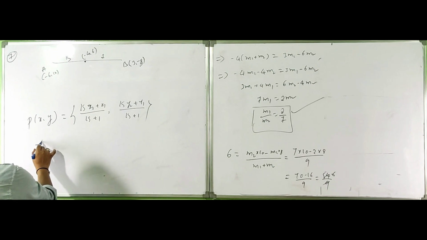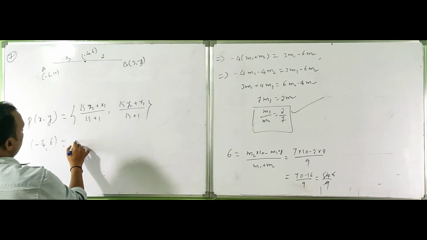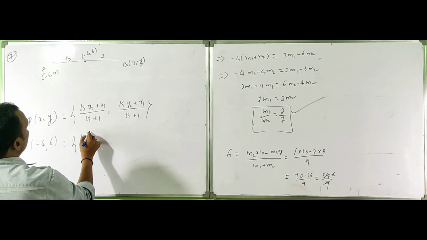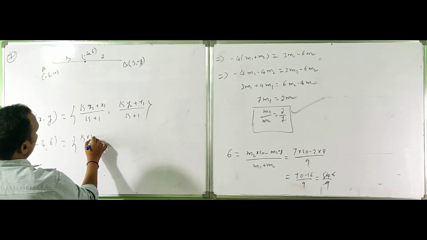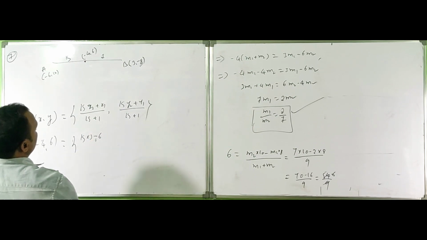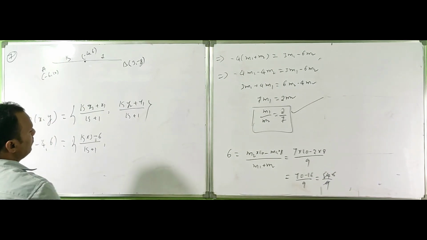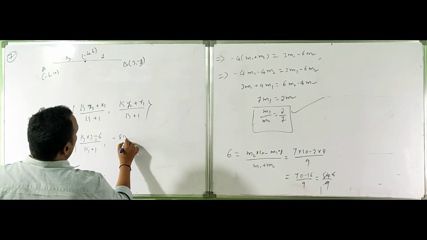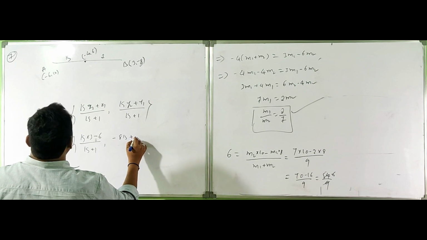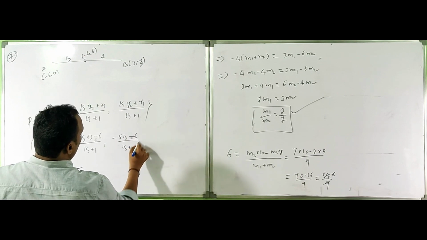Minus 4 and 6 is equal to, with k unknown, k into 3 plus x1, directly we can write 6, divided by k plus 1, and y2 is minus 8k, y1 is plus 6, by k plus 1.